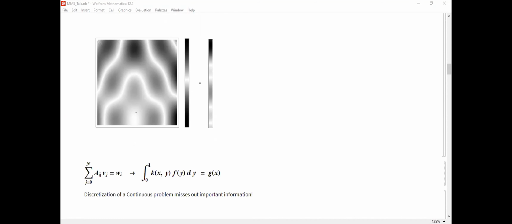But if you were to refine this, as I was saying, and take the limit, where these i and j now become real numbers, let's say between 0 and 1, as you go from one end to the other end of the row, then instead of a summation, you end up with an integral, okay? So i and j become x and y, and this v_j here becomes some function of y, that's this vertical function now. And the output of this integration becomes this vector here, which is another function of x, right? So in the limit, this is what happens.